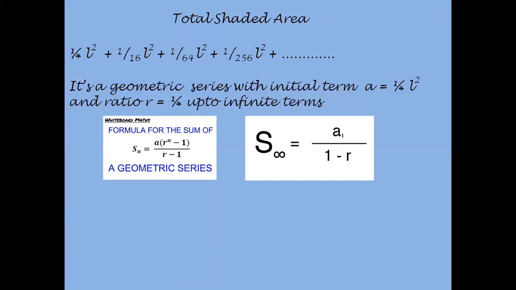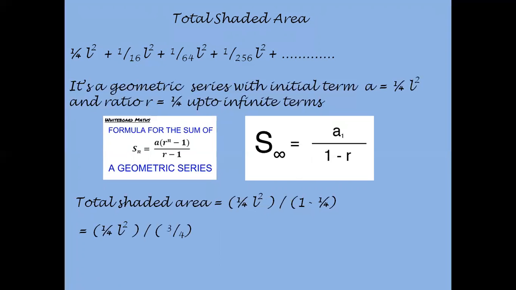So using this formula, the total shaded area will be a, which is 1/4 of L square, divided by 1 minus r, 1 minus 1/4, which is 1/4 of L square divided by 3/4, which comes out to be 1/3 of L square.